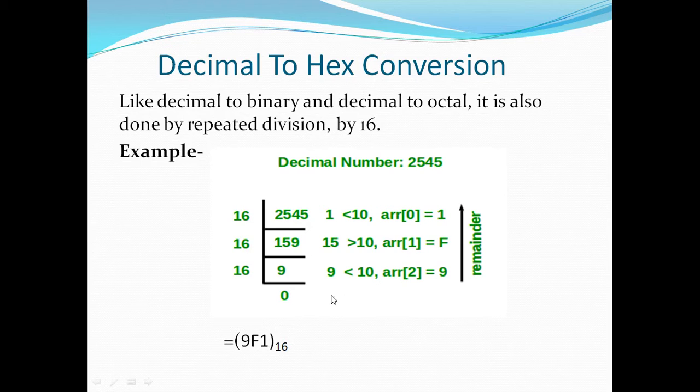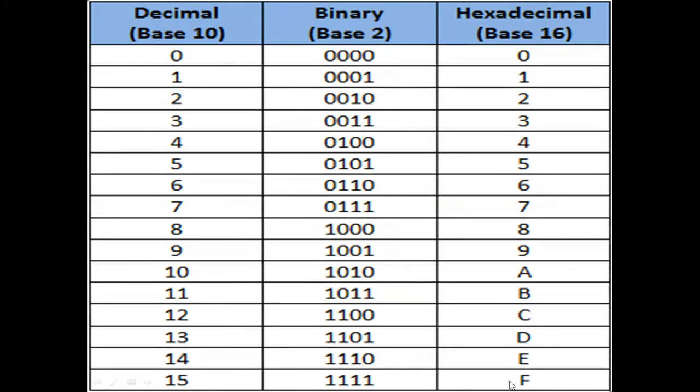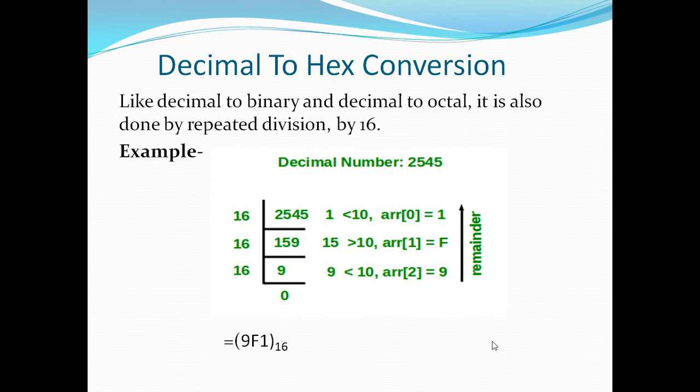See, the remainders are here. Now we will write the hexadecimal equivalent of these numbers. See, 1 will be written as 1 only, but 15 is represented by a symbol F. So in place of 15, we will write F. 9 is written as 9 only.